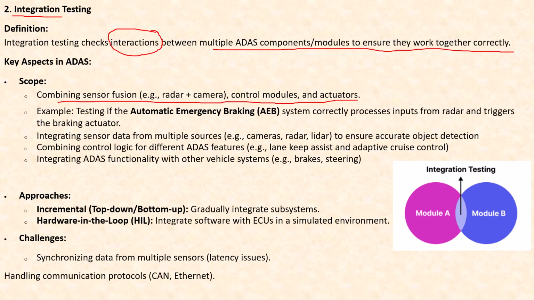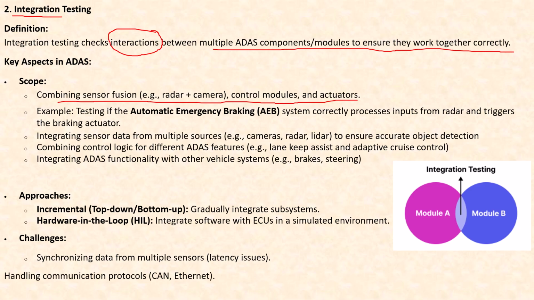So this is where integration testing comes into the picture. For example, the automatic emergency braking system must correctly process inputs from radar and trigger the braking actuator. So in this system, AEB first receives inputs from radar and triggers the braking actuator. This whole chain reaction must happen seamlessly. That is what is checked in integration testing.